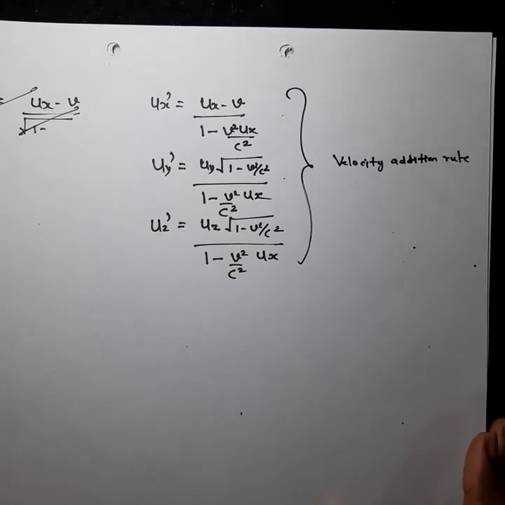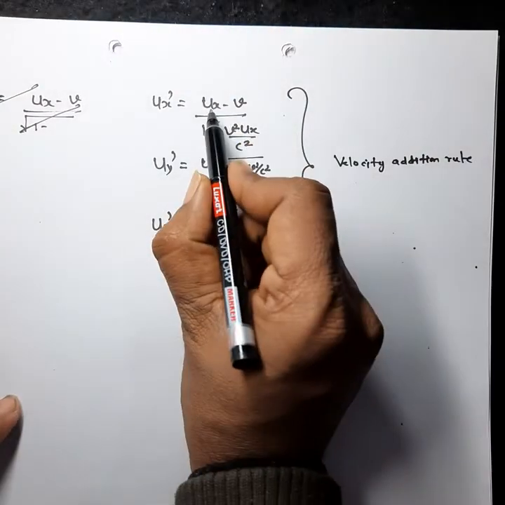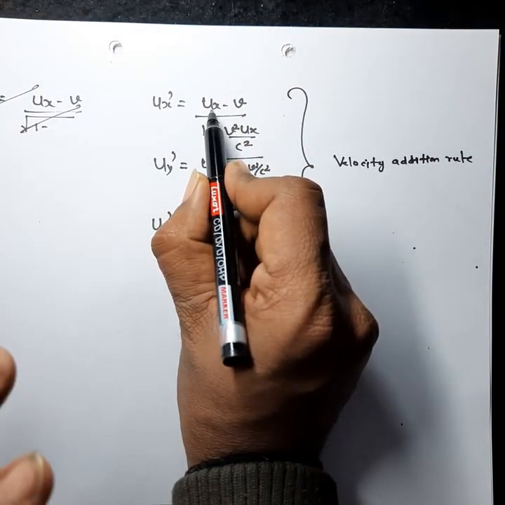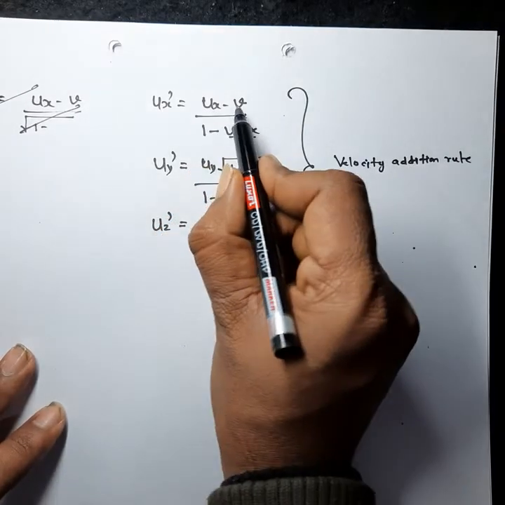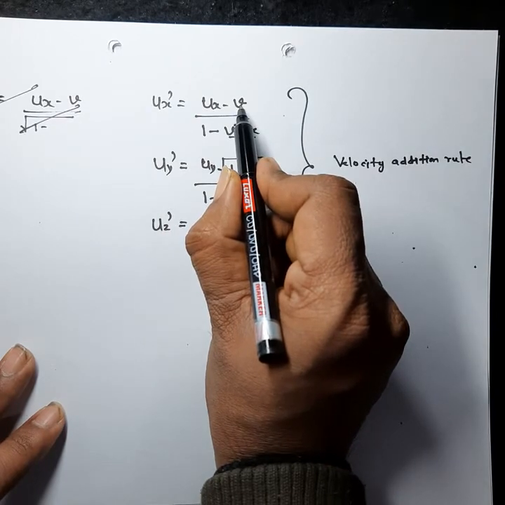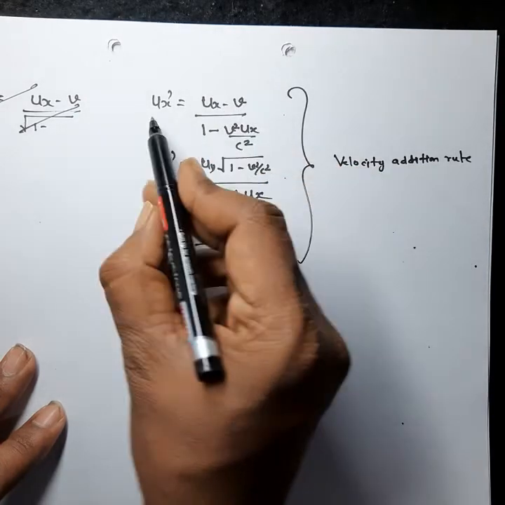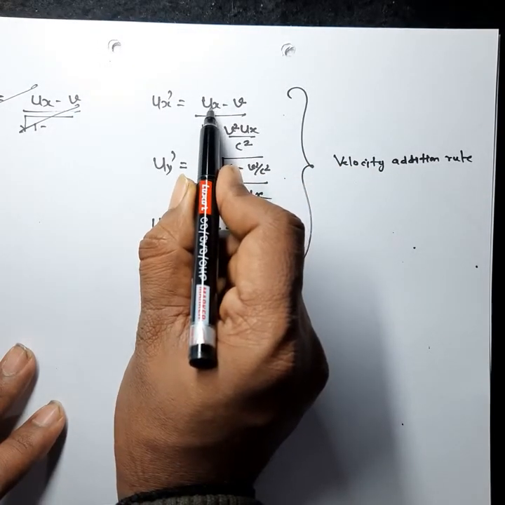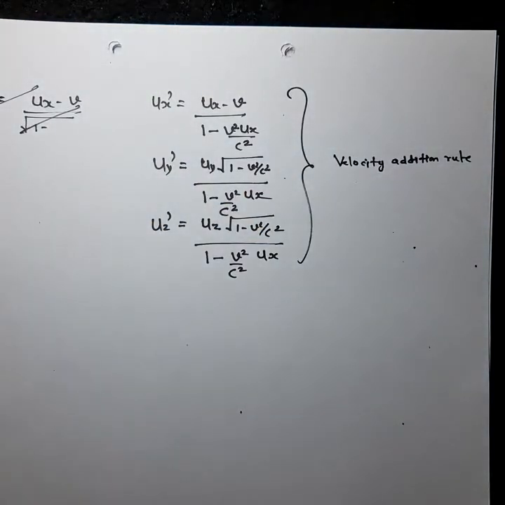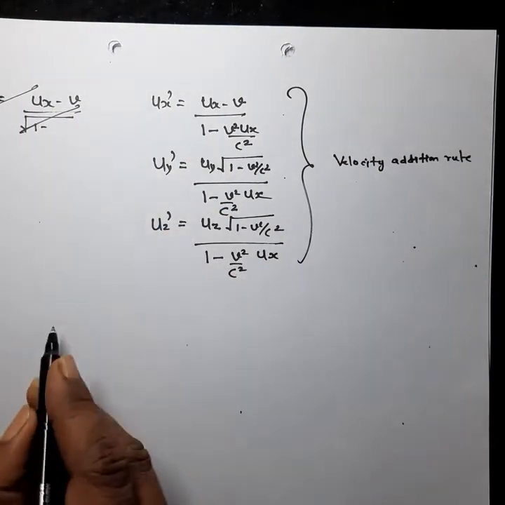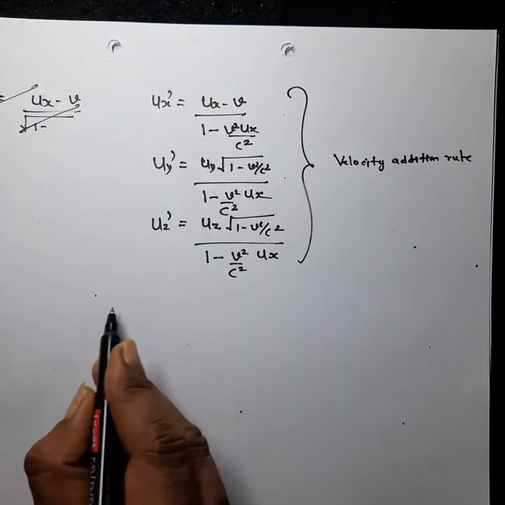So for the special theory of relativity, these are the velocity addition rules. ux is the velocity observed by the observer which is at rest, and v is the relative velocity of any frame of reference with respect to S. So the corresponding velocity component ux dash can be given by this expression. Similarly we can write ux, uy and uz in terms of ux dash, uy dash and uz dash.